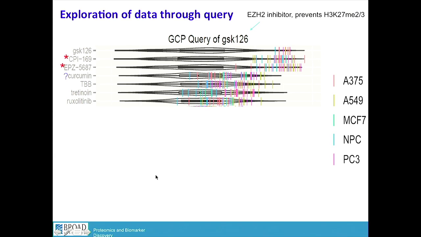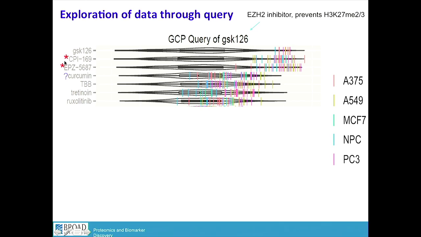And then we can start to ask, what about some of those drugs? So we can look at GSK126, which is an EZH2 inhibitor. It finds itself most strongly with replicate recall. And then the next two things that it finds are two compounds that I've highlighted here with asterisks. They are also EZH2 inhibitors, so we're able to stratify these things into the same class.